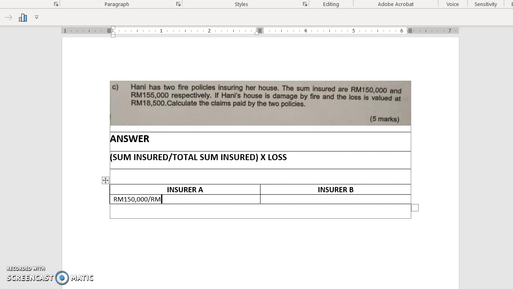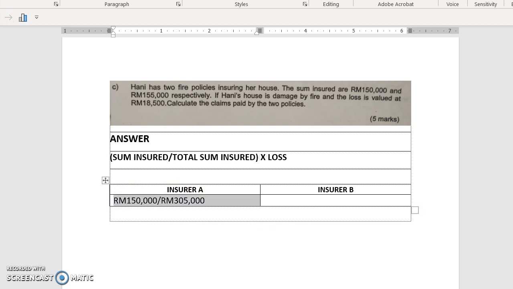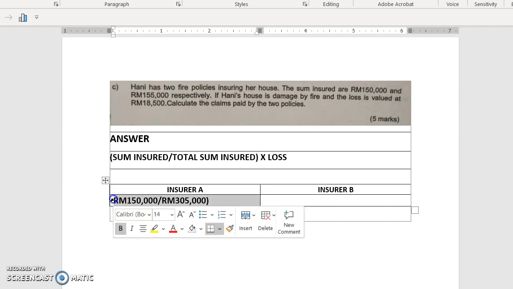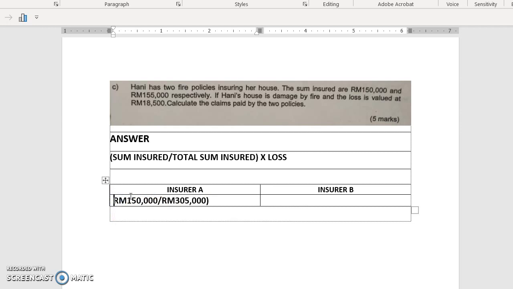Then you get 305,000 for the total sum insured. So the amount is sum insured 150,000 divided by total sum insured 305,000, and then you times it by the loss.